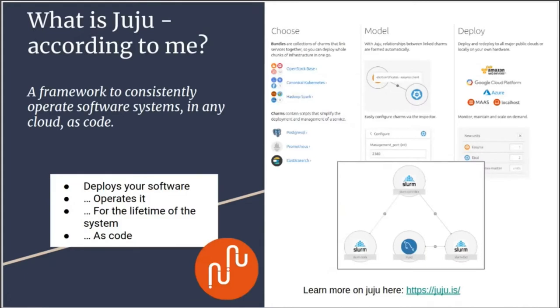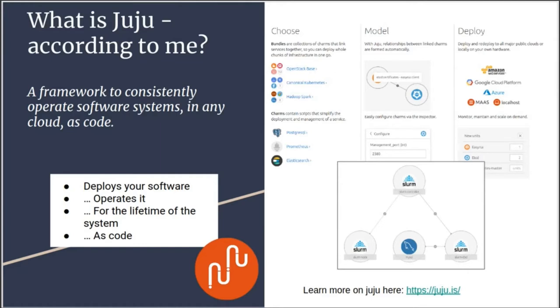So let's talk a bit about the principal component in solving this offloading problem within HPC. The principal component is Juju, and explaining to most people what Juju is has proven to be very difficult. Juju is a very large tool. It's a framework, it's a client, it's a server component, it's basically a tool set.